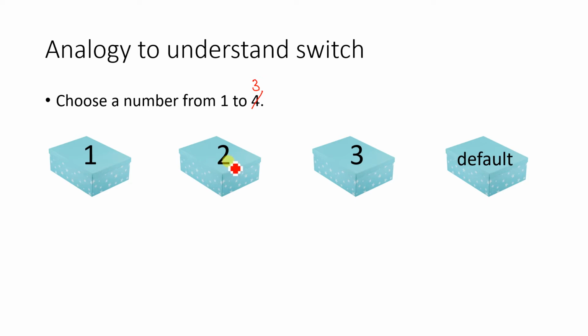But if you are not interested in choosing any number between 1 to 3, then a default box is available and you are allowed to take that default box as well. This is the way a switch statement also works.